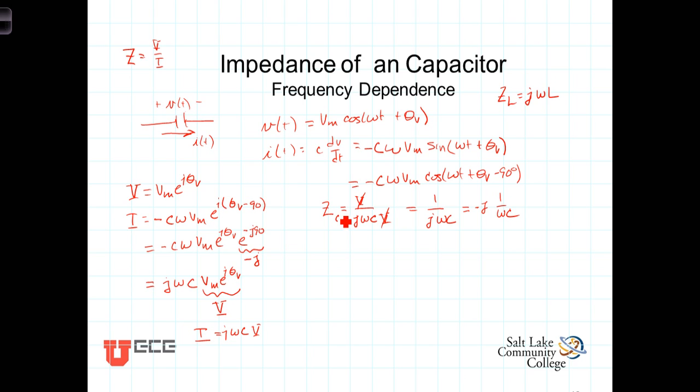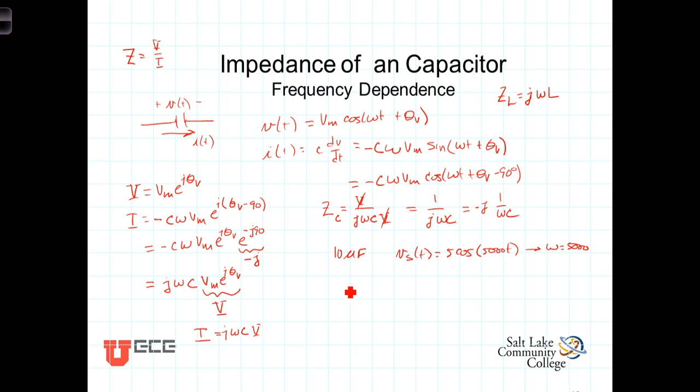So for example, let's say that we've got a 10 microfarad capacitor, and that the source driving this is some V sub s of t equal to 5 cosine of 5,000 t. In other words, omega is equal to 5,000 radians per second.